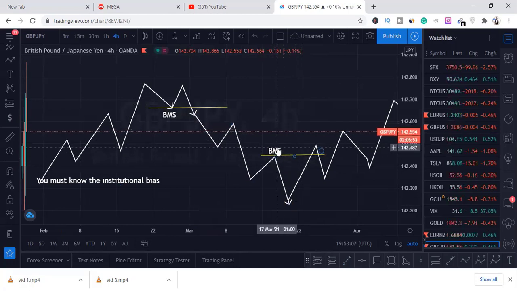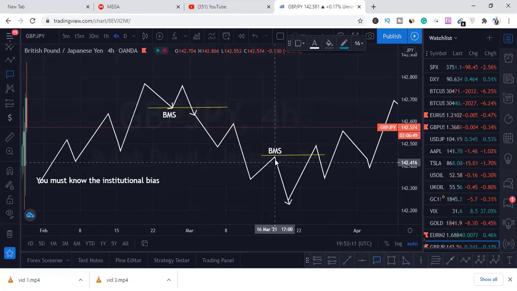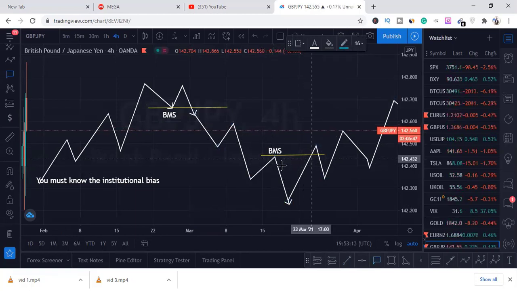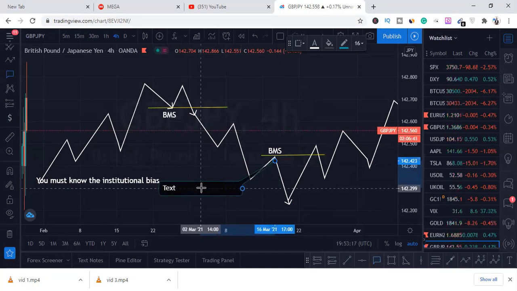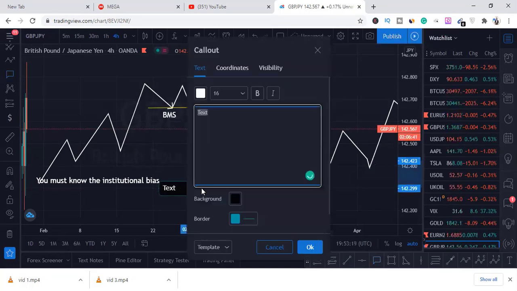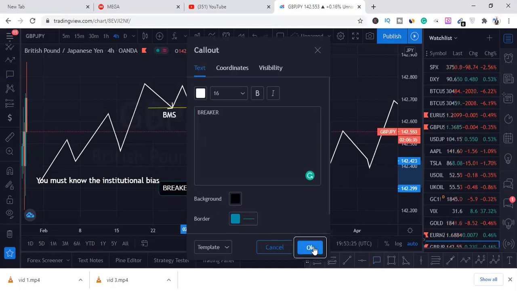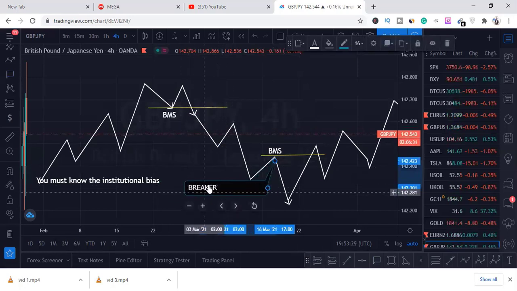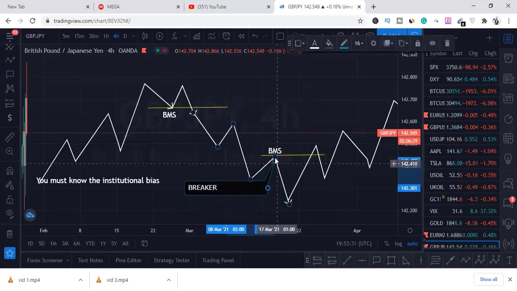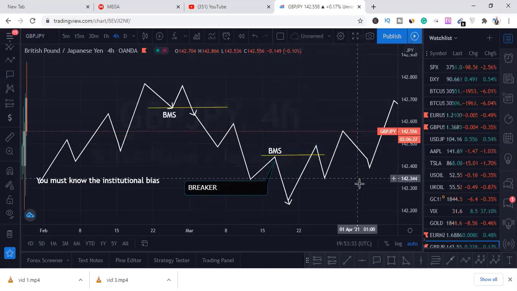And there's what is called the breaker. Now, this is the breaker candle, not this one. This candle here is the breaker.